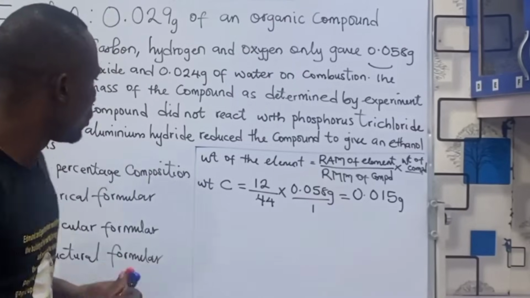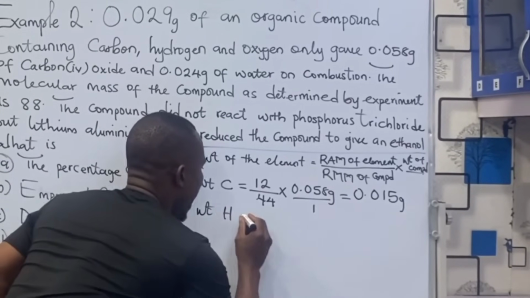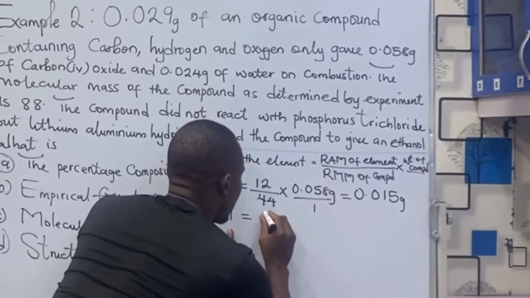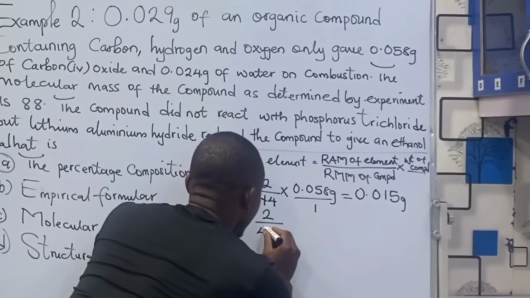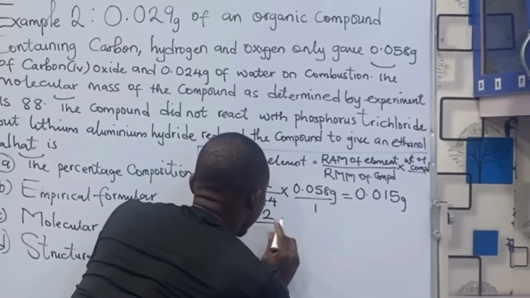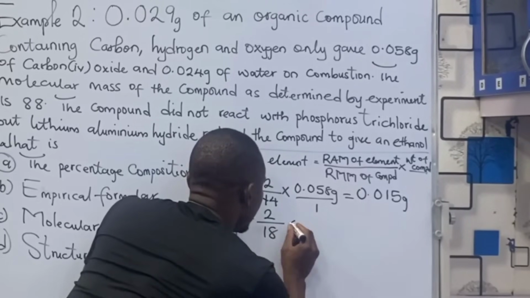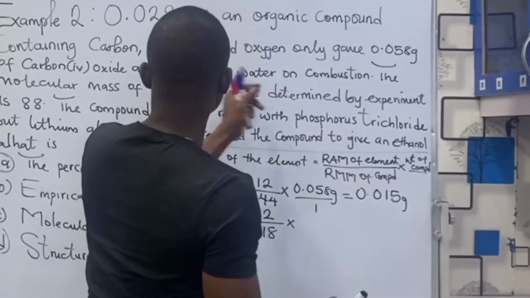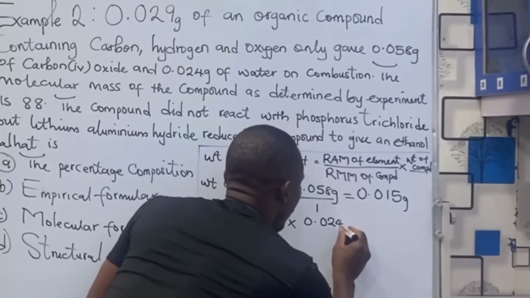And so quickly, you do that for our friend hydrogen. Hydrogen is 2 relative atomic mass, all over the relative molecular mass of the compound in which hydrogen is found, which is water, 18, times the weight of water in the combustion reaction, which is 0.024 grams.